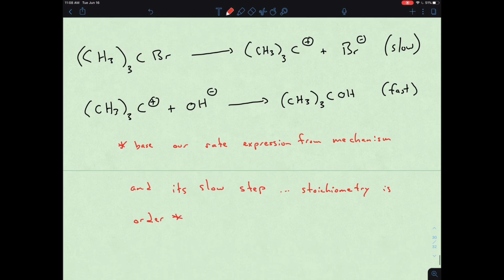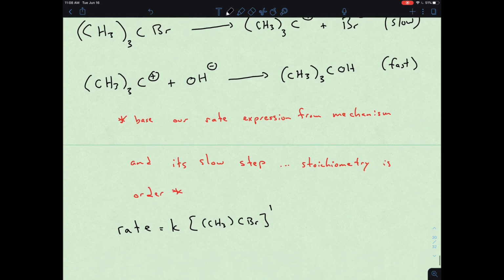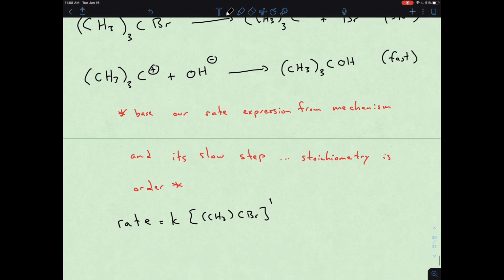And so if we go to our slow step, our rate would be equal to little k times the concentration of our bromo-containing molecule to the first order, and that would be it. And realize that's the same as what we got experimentally.